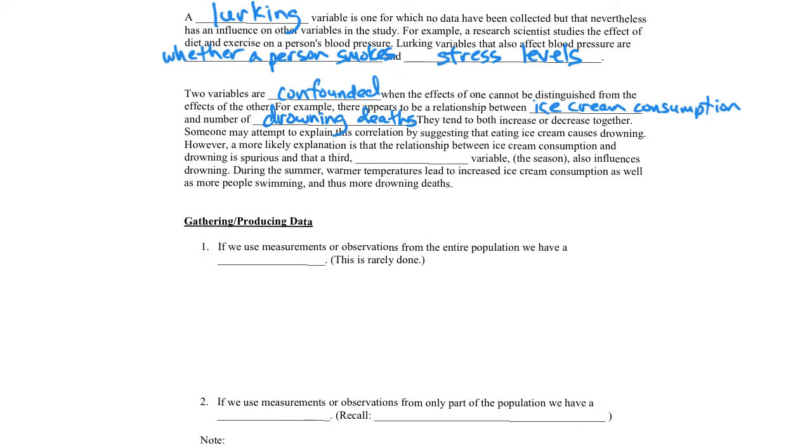So that doesn't really mean that eating ice cream causes you to drown, though, right? In this case, it's really obvious, but in a lot of cases, it's not. So we'll see later on in chapter 9 that we have to be careful between confusing correlation with causation. But instead of thinking that eating ice cream causes you to drown, the more likely explanation is the relationship between ice cream consumption and drowning is spurious, and that there's a third confounding variable.